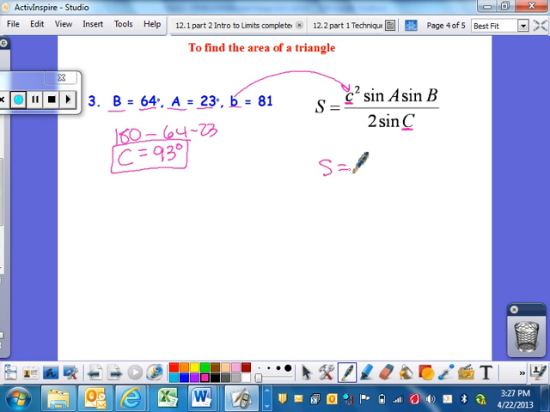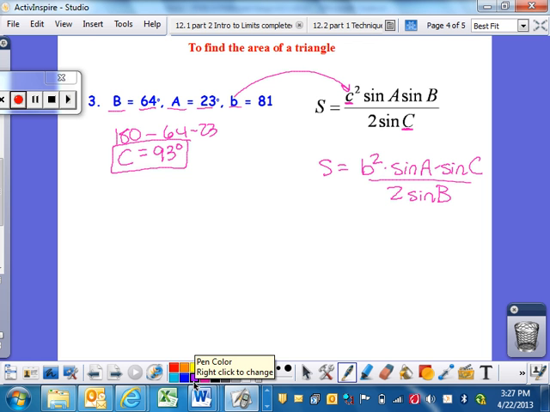So my new formula will be B squared times sine of the other two letters divided by 2 times sine of the one that's corresponding. So you guys may need to flip-flop these variables. Okay, all it's hinged upon is which side is given. So let's dump this in and let's figure it out.